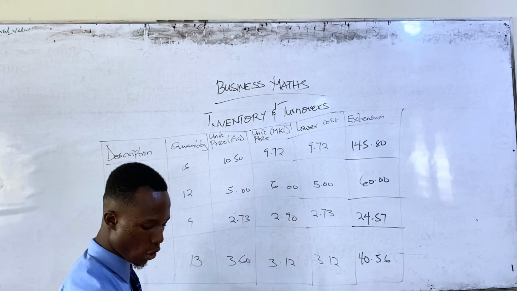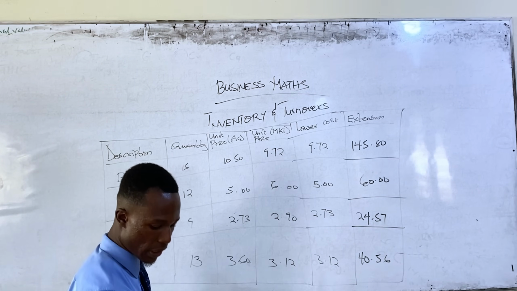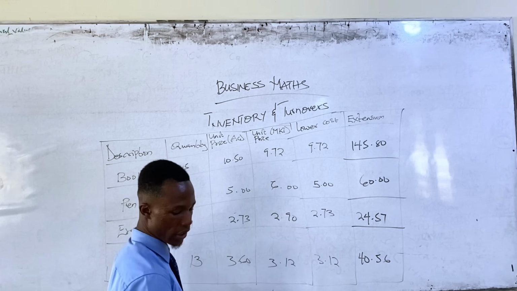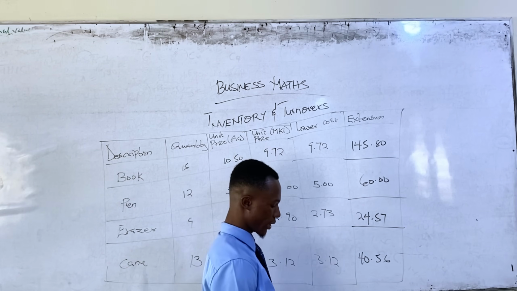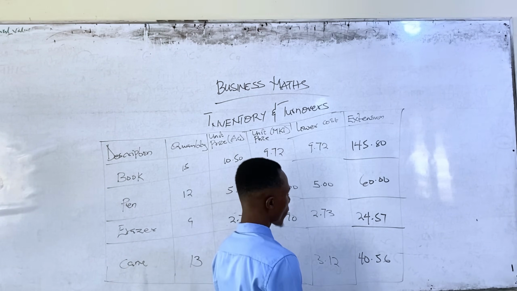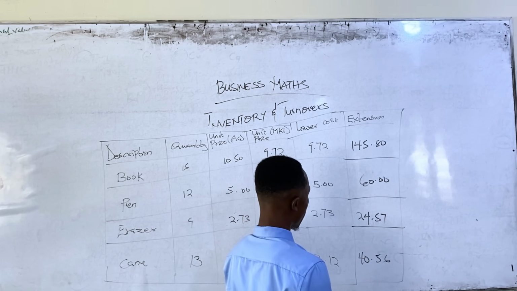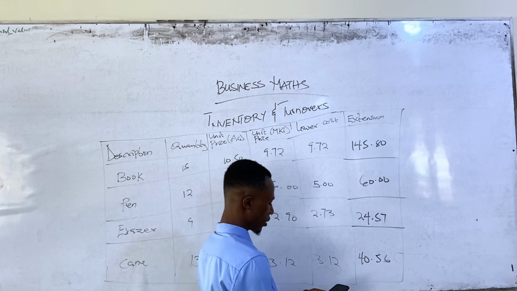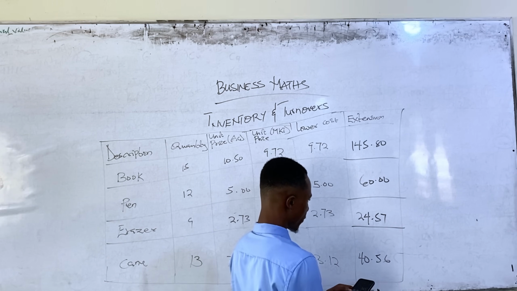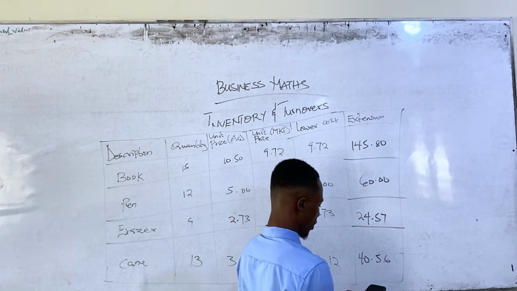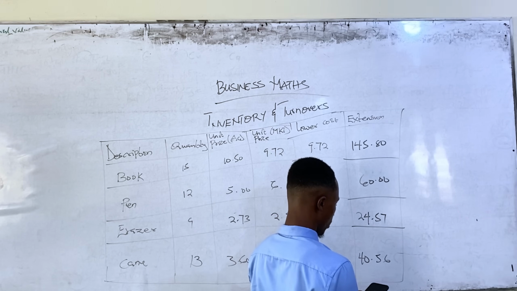So now, since you are done with all your extensions, what you have to do is add all the extensions, and that one becomes your final answer. Okay, so we are going to add all these extensions. So we have 145.80 plus our 60 plus 24.57 plus 40.56.